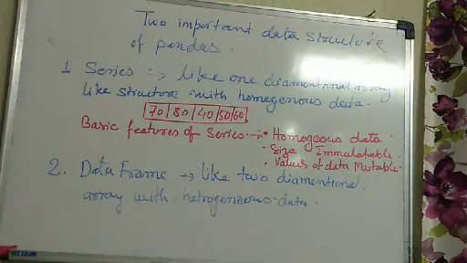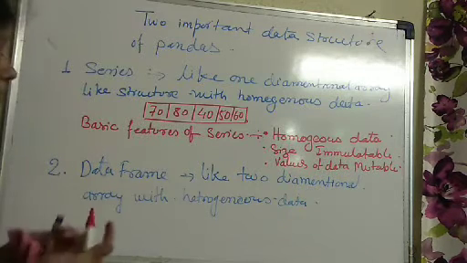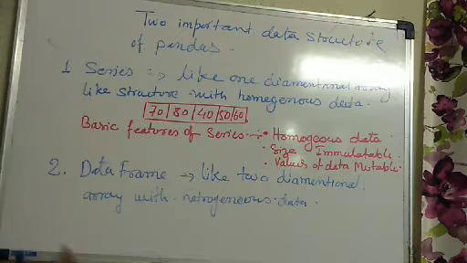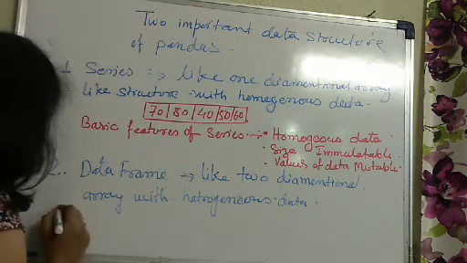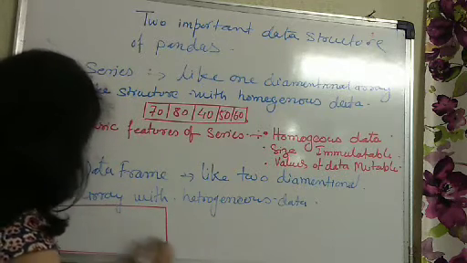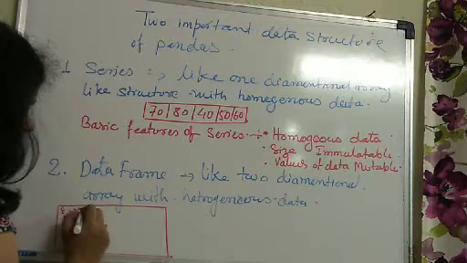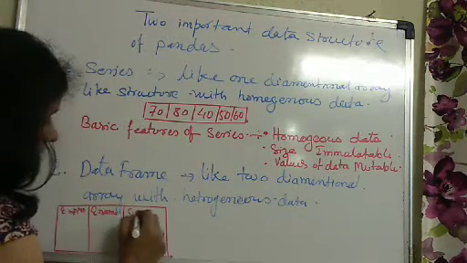Right. Now, what can be the features of the data frame? It is like a two-dimensional array. You can remember the table of a MySQL database, right? There you have stored things like EMP number, E name, salary.